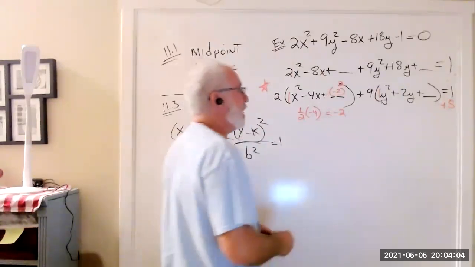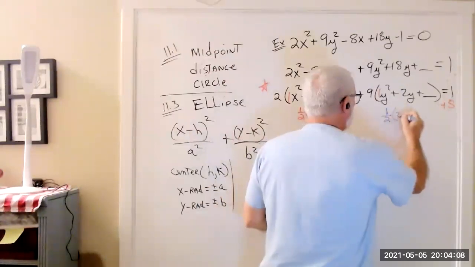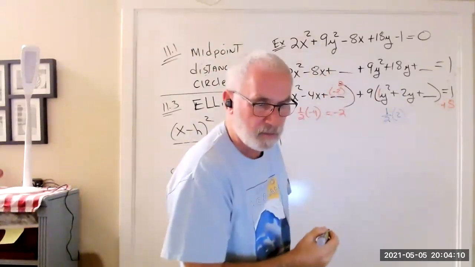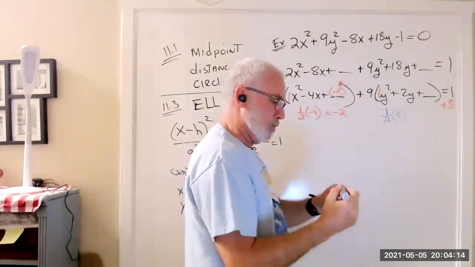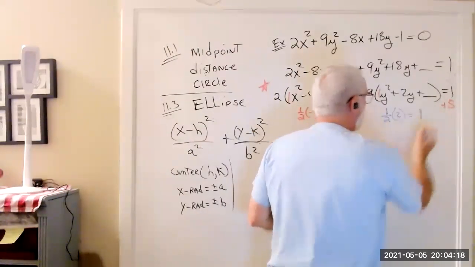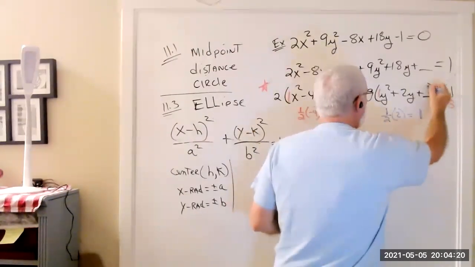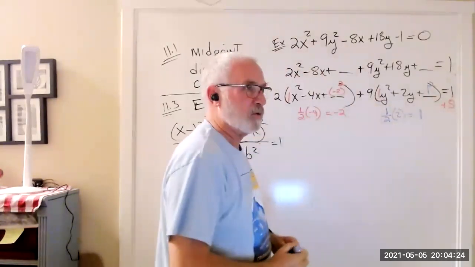Now, how about my y's? Half times 2, does the blue show up? Or should I go to red? I can see it. Okay, is 1. So I put a 1 squared there, because that's what we always do.